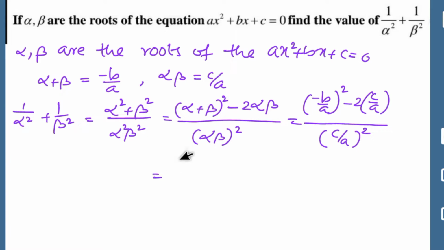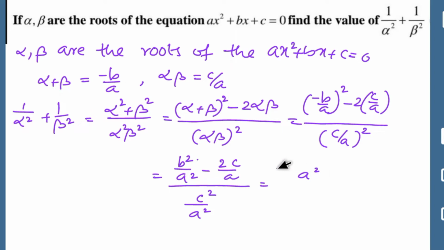It is equal to b square by a square minus 2c by a, by c square by a square. So what is the LCM in the numerator? The LCM of a square and a is a square. So first write b square as it is, minus, a cancels, a remains here, a into 2c.